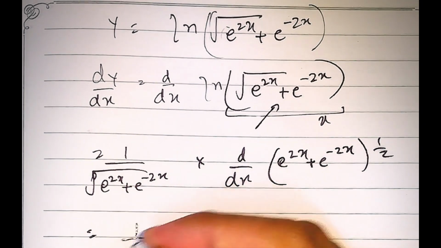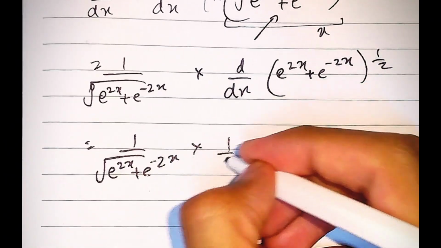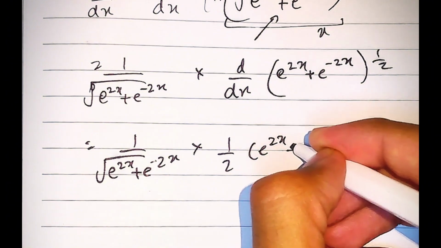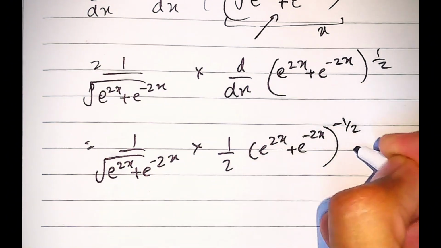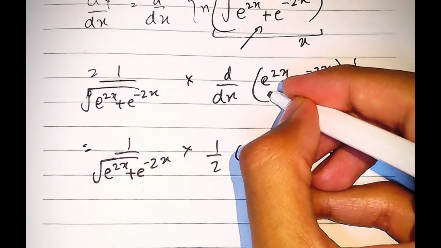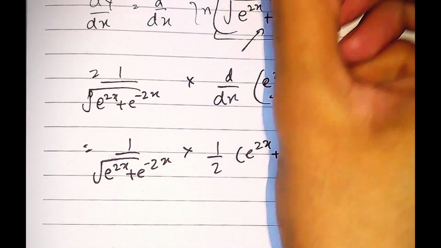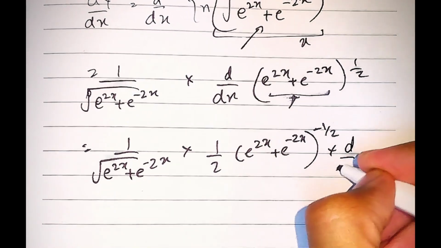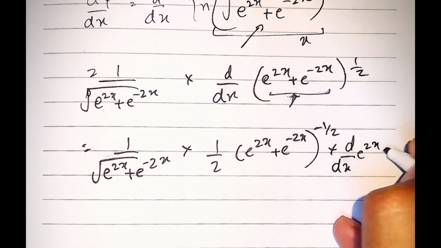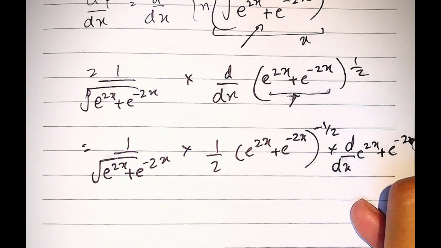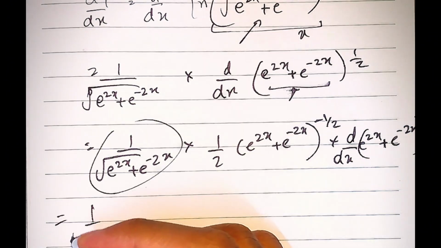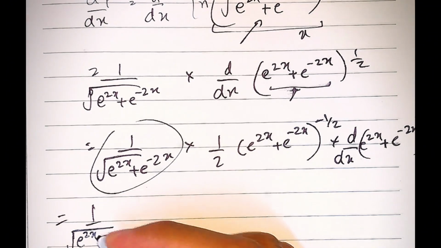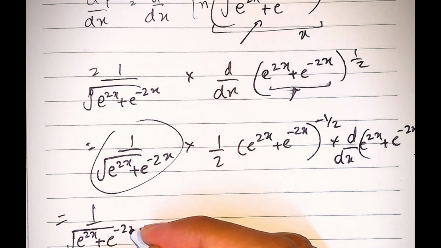So 1 divided, multiplied by, the power will be separated, the function as it is, then the power minus 1, negative 1 by 2, and then the derivative of the function of the square root. So d by dx of e^(2x) plus e^(-2x). We won't touch this thing because it will be left as it is until the end of the question.